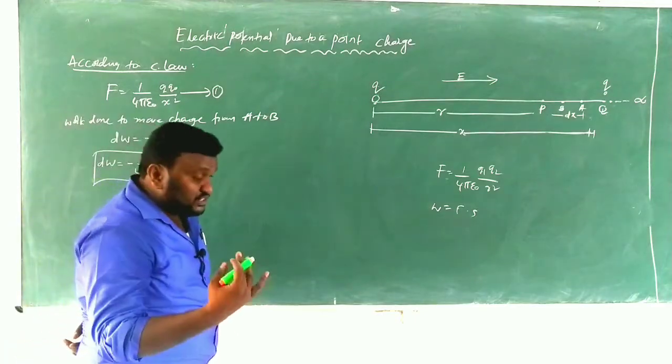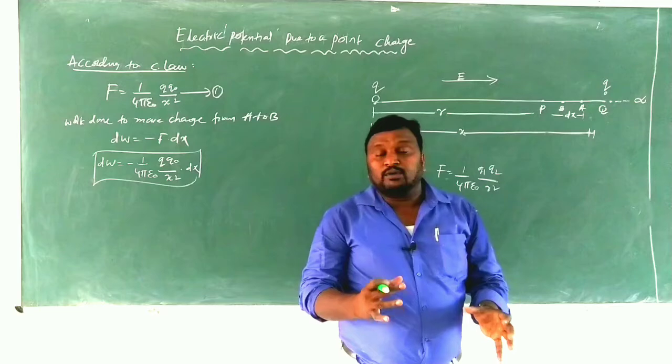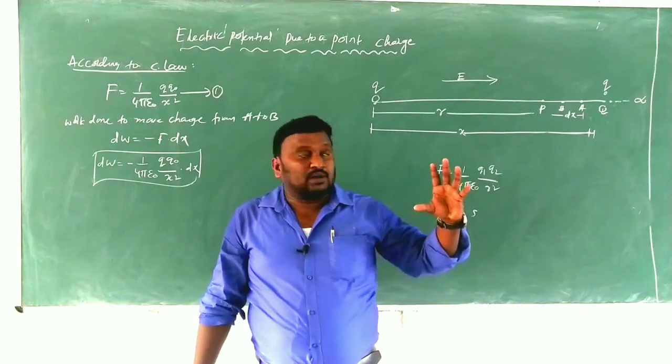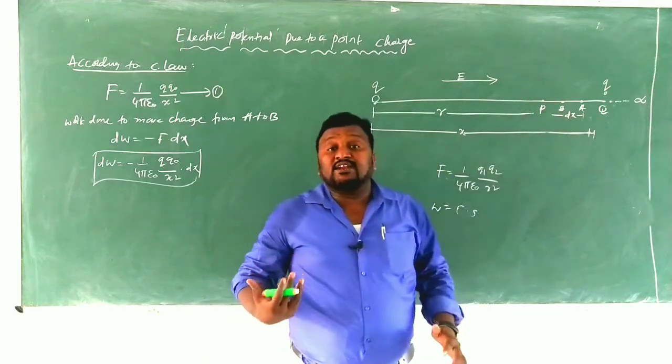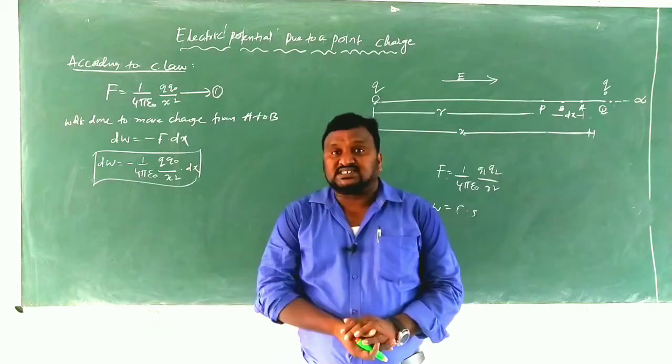Now we have to move the charge from infinity to the point P. We want to find the amount of work done to move the charge from infinity to the point P. To get that value we have to integrate this equation on both sides.